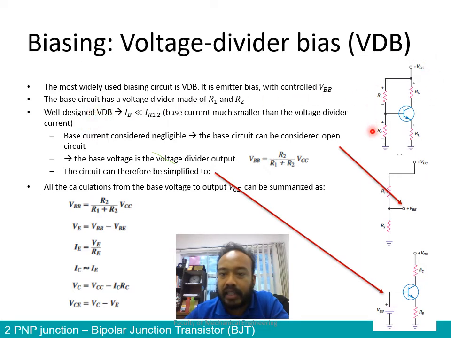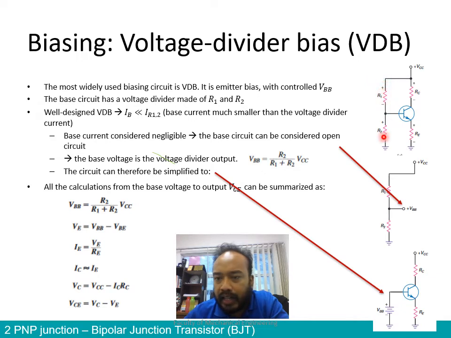So this is the circuit of what we will call, in short, voltage divider bias, or VDB. In the base loop, the voltage into the bias is the same as VCC, so it's connected to the same power supply, which is also VBB over here.